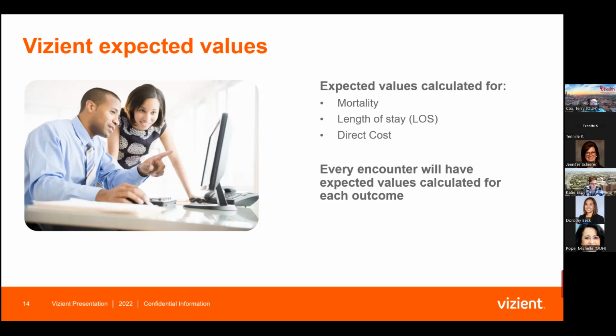So when we're looking index wise, that's what it's representative of. Does that help? So that's why GMLOS is just an option. We don't use that as a part of our Vizient metrics.